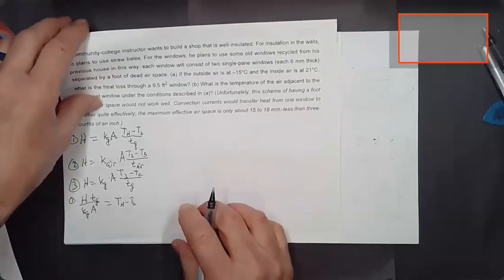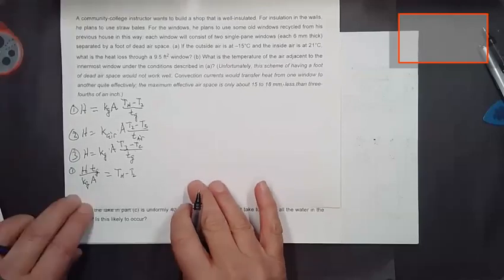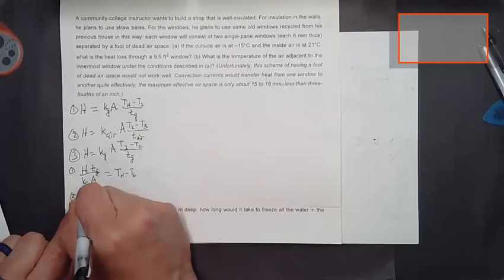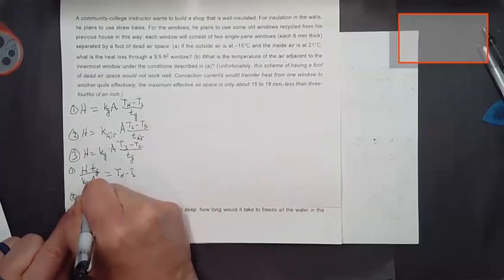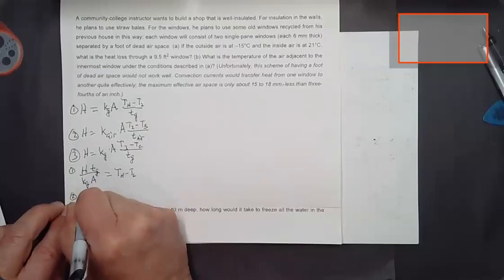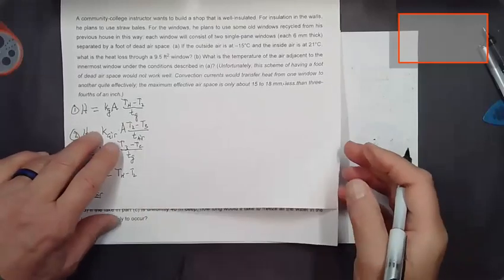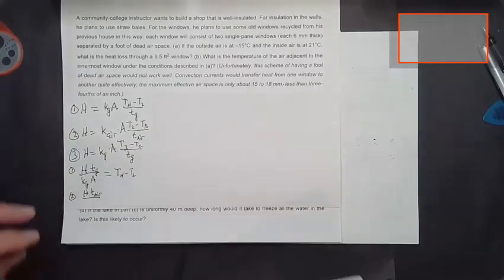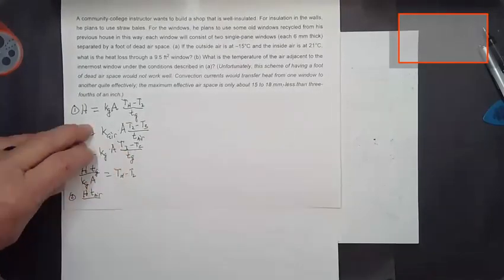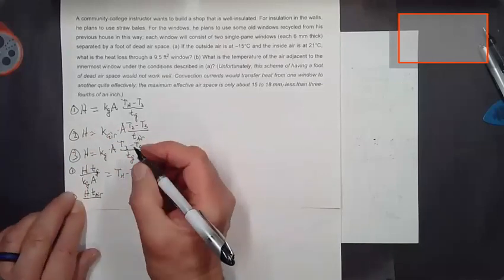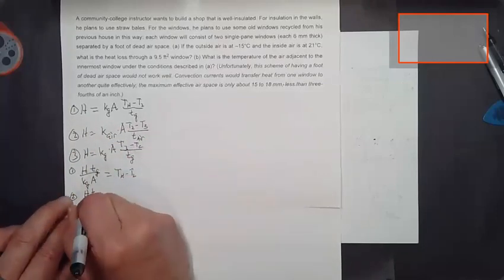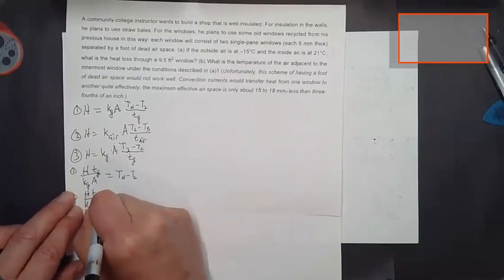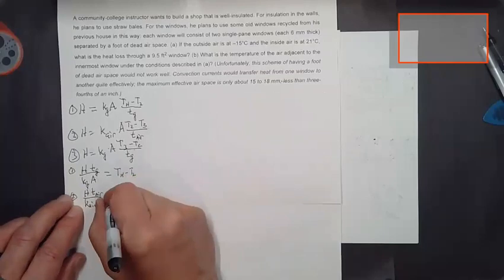Then I do it again for the second equation. For that one, I'll have H times the thickness of the air divided by the thermal conductivity of the air times the area of the window.